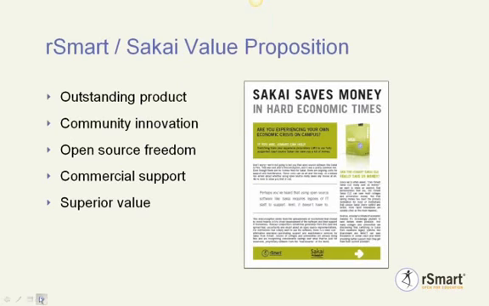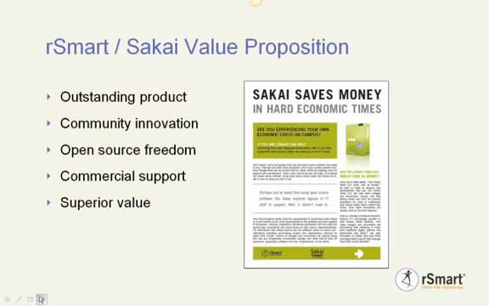The rSmart Sakai value proposition essentially centers around these 5 points. One is that through our service, we can provide an outstanding product that is based upon the innovation that's being driven by a very vibrant community of educational institutions that have come together to develop a best-of-breed learning platform.